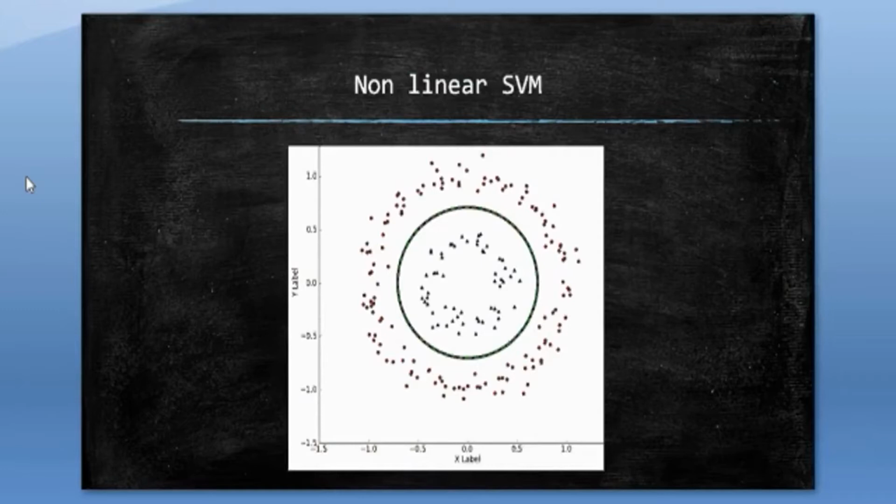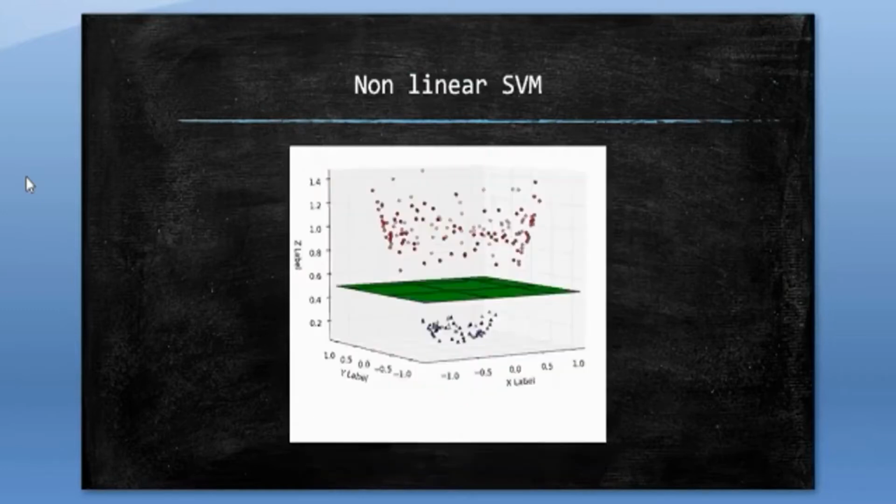Here is another example, where our two classes are plotted, but not in 2D space. Here it is plotted in 3D. I have 3D data. So the only thing that can separate these classes is to draw a plane.